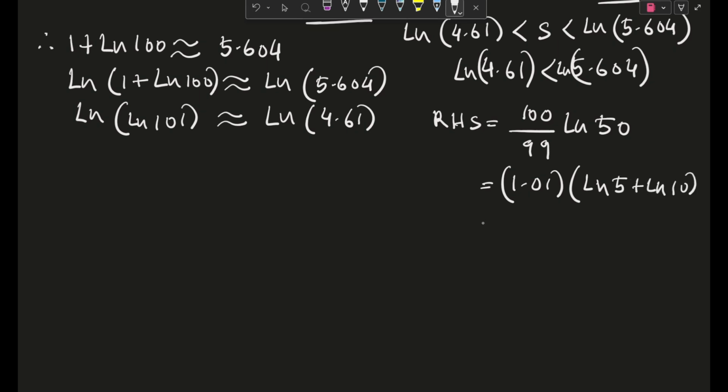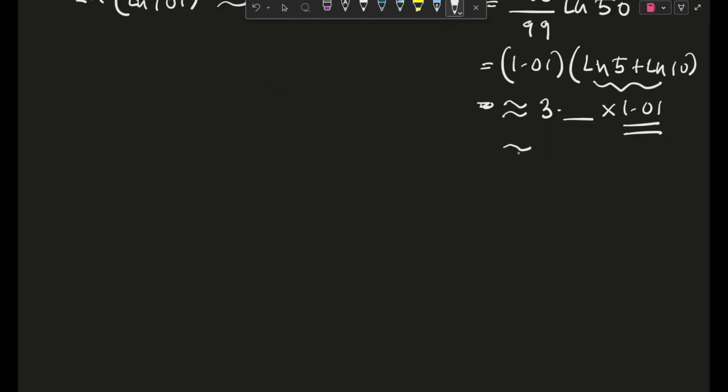And now ln 10 is approximately 2.302, right? And ln 5 will be near about 1 point something. So I guess this will be 3 point something. So 3 point something into 1.01 something. So this value would be 3 point something.